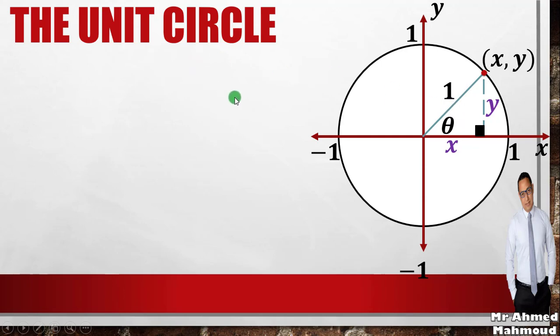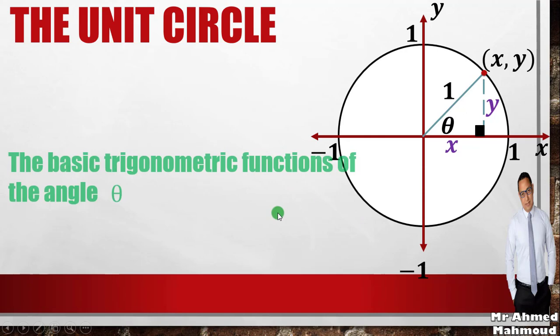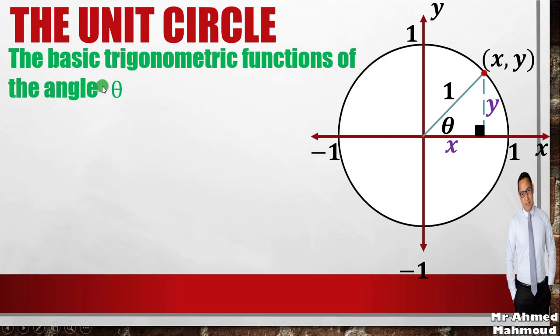Okay, now let's conclude the main trigonometrical ratios or main trigonometrical functions: sine, cosine, and tan. First, these are the basic trigonometric functions of the angle theta.